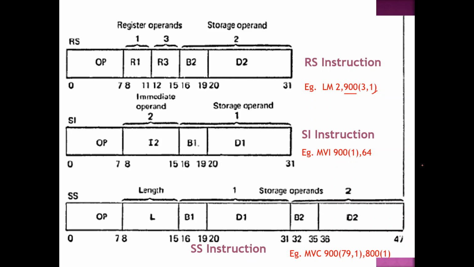First, at location 800 I have a value. I wanted to copy that value present inside location 800 to the location which is present at 900. One obviously means the base register value, don't worry. So the value present in memory location 800 has to be copied to memory location 900.